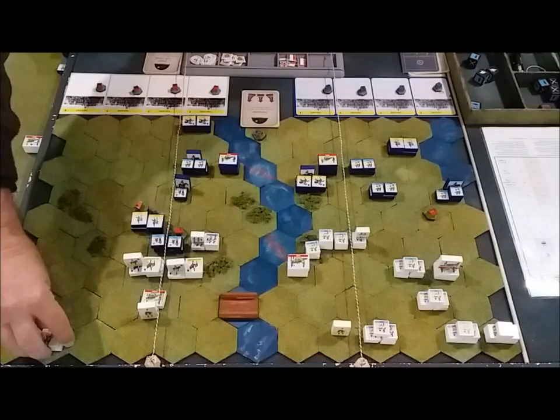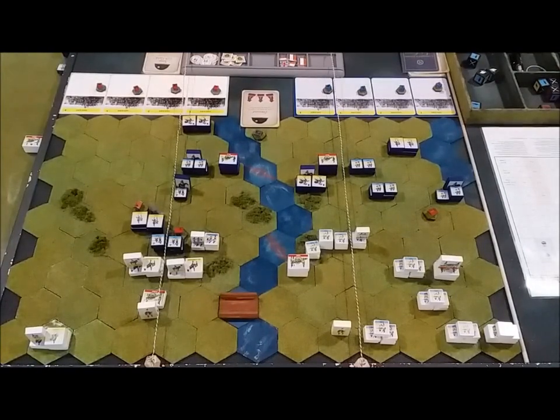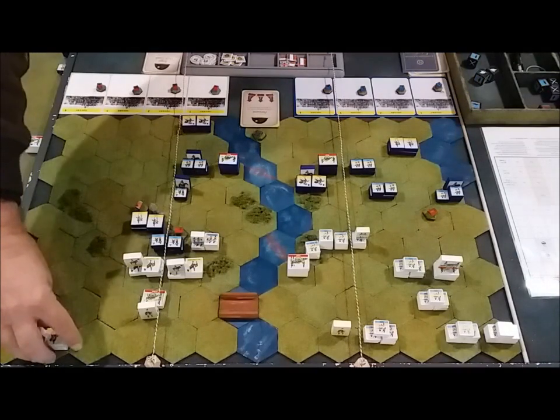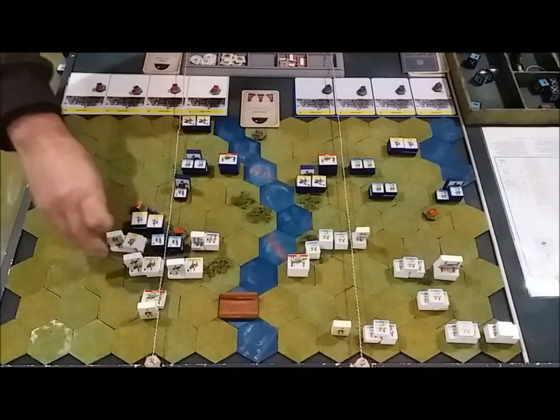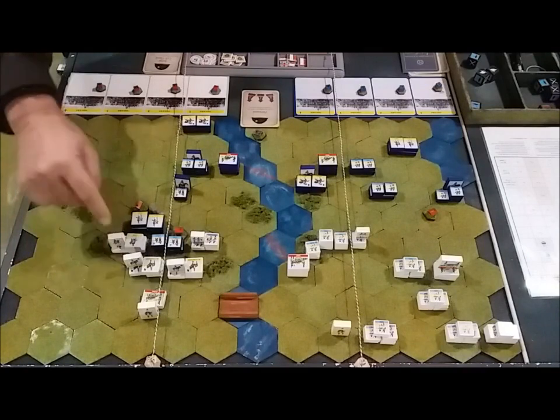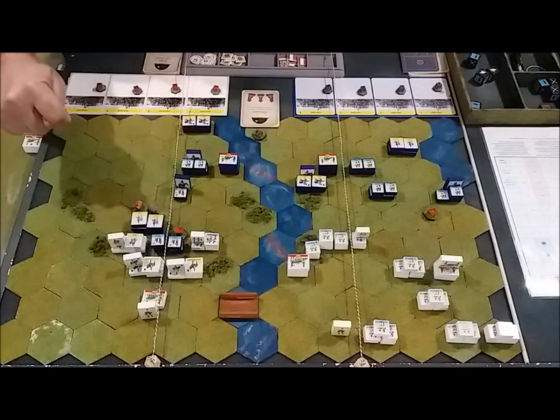So do I want those to go? Where? Hang on a tick. Hang on, they were in the corner, weren't they? No, they were there. Yeah. So these guys are going to come up 1, 2, 3, and basically stop this light cav from coming around and taking out my horse artillery.